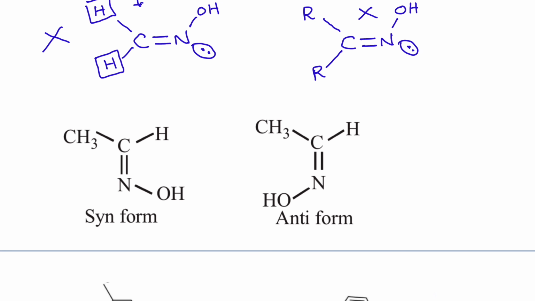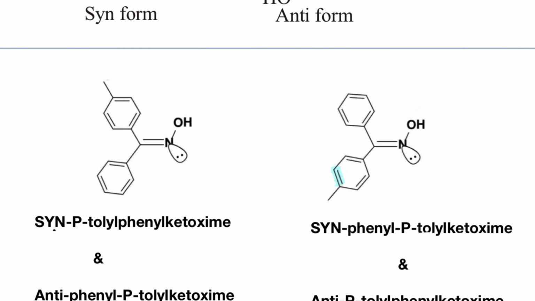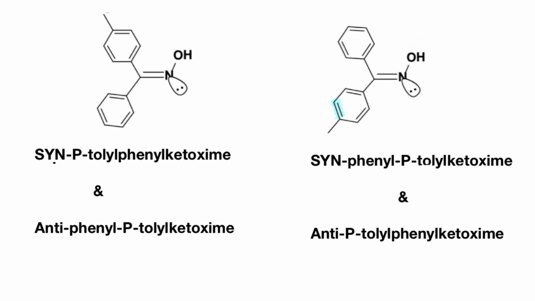But in case of ketoximes, hydrogen is not available. In that case, for each geometrical isomer, we can give both names. Every geometrical isomer we can give a syn name and an anti name. So what is the rule we have to follow? In order to give this particular configuration in case of ketoximes, again you take OH as reference.